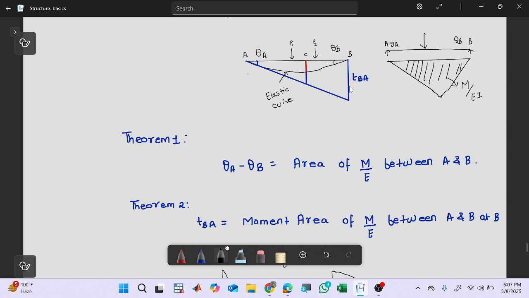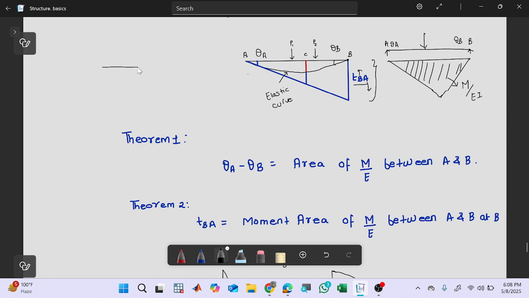TBA is the perpendicular projection from point B to the tangent which is drawn from A. If we draw a tangent from point A, and project a vertical line from B to that tangent, the portion we get intersecting is known as TBA, the projection from B on the tangent belonging to A.